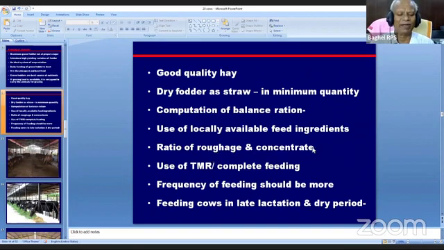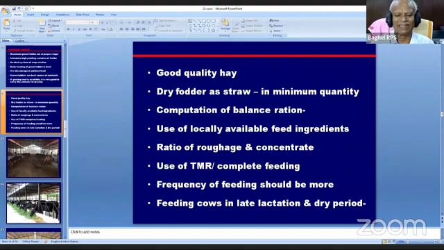And this mainly depends on the roughage and the use of concentrate. If this ratio varies, or simply if the concentrate quantity increases in the diet, then the microbial population will reduce. Many of the bacteria will die, and that will adversely affect feed utilization. So the productivity of milk will reduce.